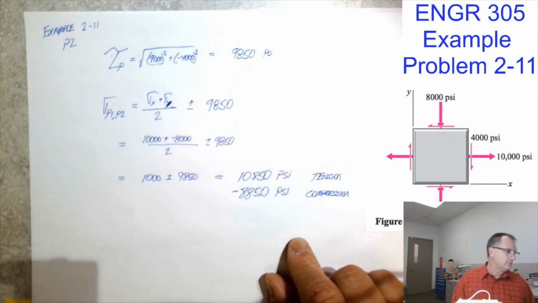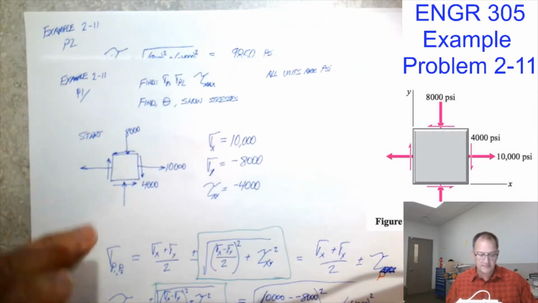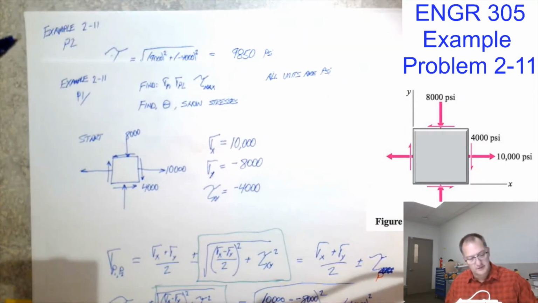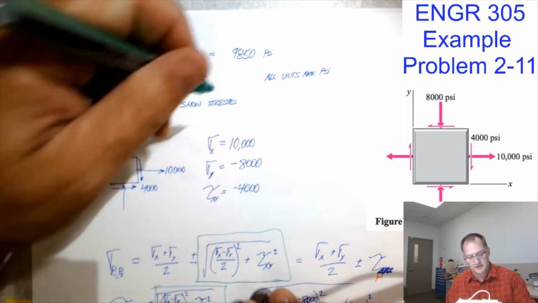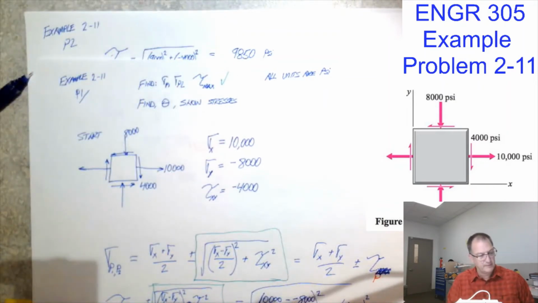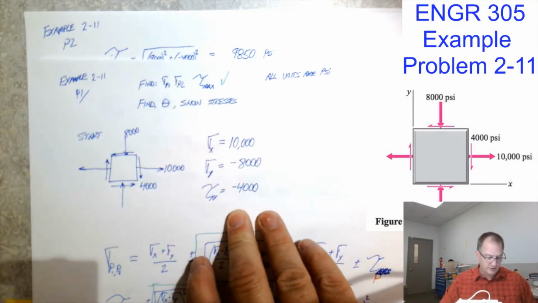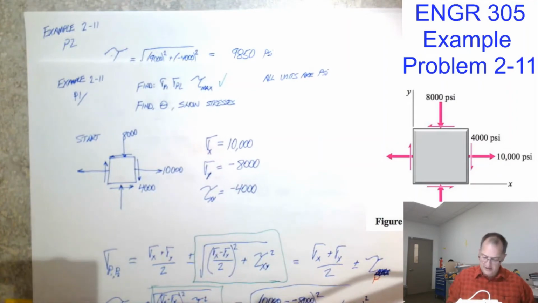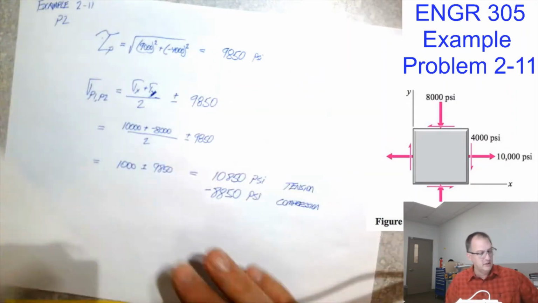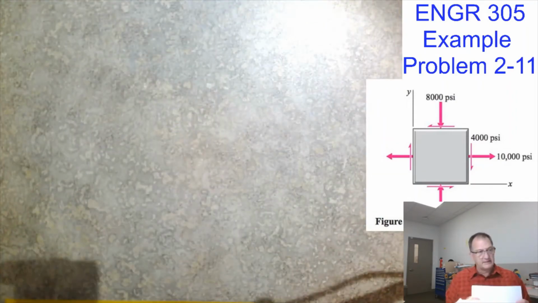Okay. That next task, I knocked off this first one. Take my green pen because I just love Michelle for getting me those pens. Take those pens. The next one, find theta and show the stresses. Theta actually isn't a challenging one. Well, honestly, we've got some really good math skills.